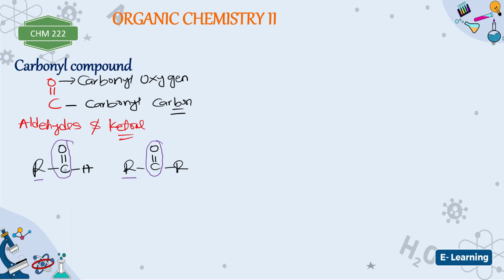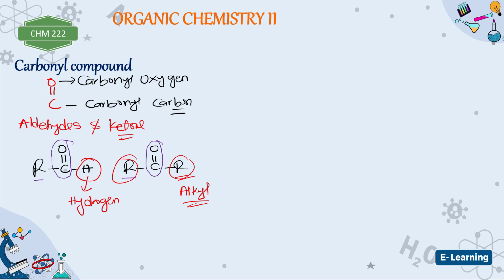The aldehyde has a hydrogen attached to the carbonyl group at one end, while the ketone has another alkyl. I believe this is something that you should have learned in your secondary school and in your 100 level. So ketones have two alkyl groups, while aldehydes have an alkyl group and a hydrogen atom attached to the carbonyl group.